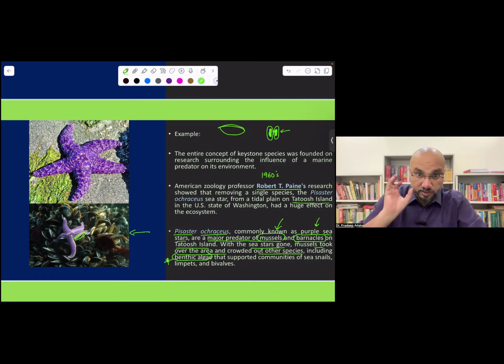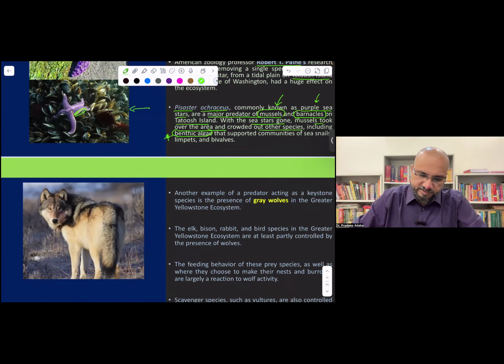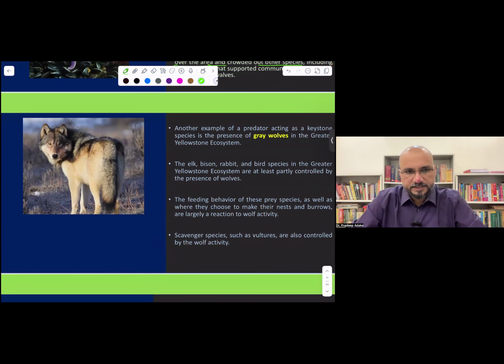This was the first case of your keystone species. You understood? Right. So this is the first ever example of a keystone species.